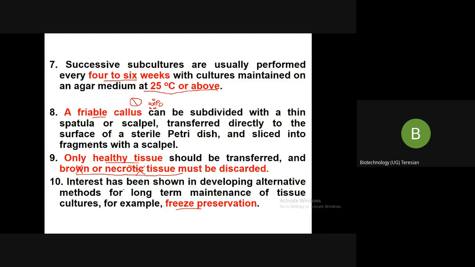That is, it should easily fall apart or be dissociated. I should always choose a healthy plant for any type of transfer experiment. If I want long-term storage of my explant, tissue culture plants or even callus, I can always go for freeze preservation, depending on what type of explant you're using.